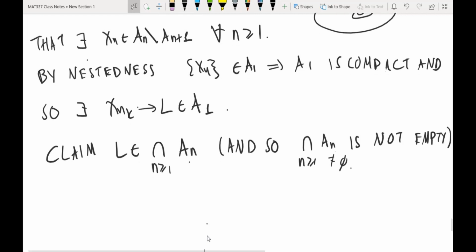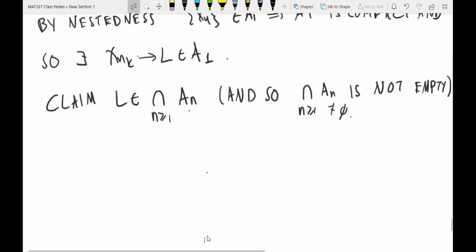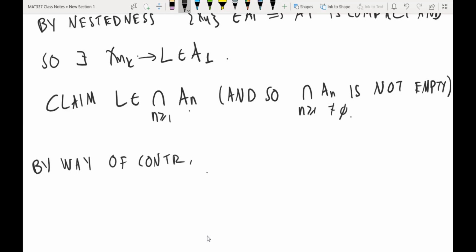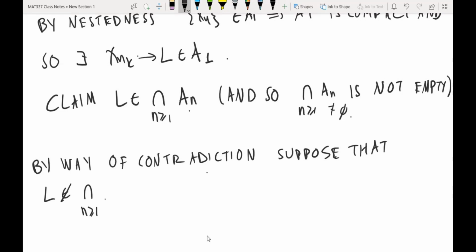Okay, we're almost done. So we do it by contradiction. By way of contradiction, suppose that L is not in the intersection. Okay, let me draw the picture.